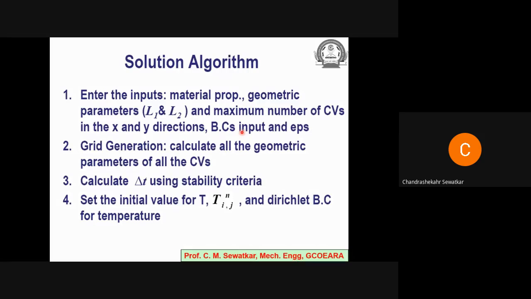For example, we need to give the value of H, the heat transfer coefficient, if we are using a Robin boundary condition. And EPS, which is epsilon, which we use for deciding the convergence criterion.